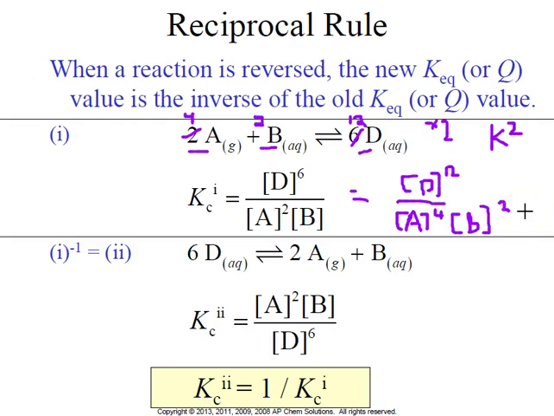If you multiply your coefficients, then you're going to raise your K to that power. So the coefficients become the exponents. Okay, you don't multiply your K values unless you're putting two reactions together. If you change your coefficients, you raise K to that power. All right, so that's the three changes that we can make, and that's how they affect K and also how they would affect Q.